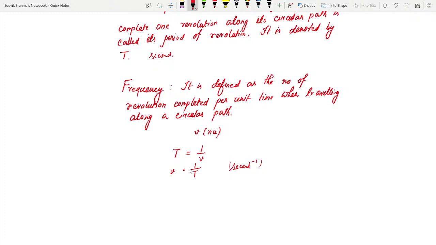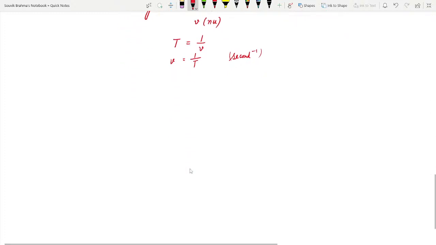Okay. So the relation between omega, nu, and capital T.